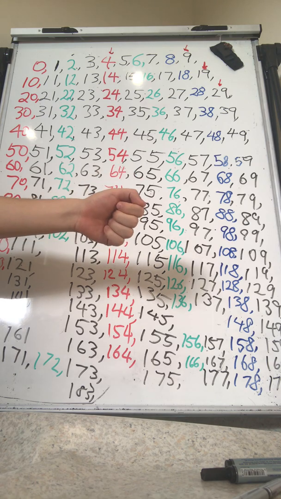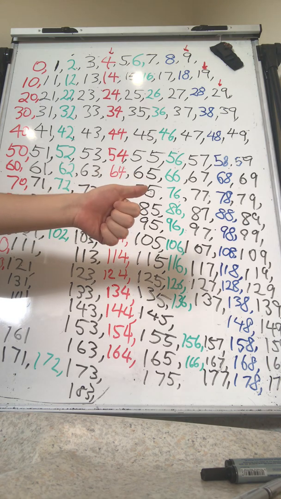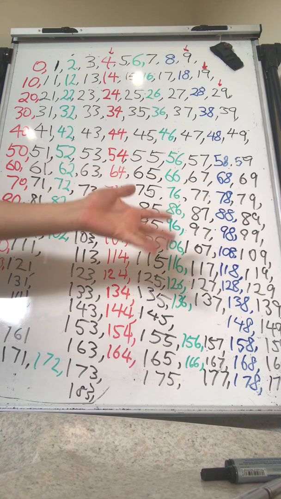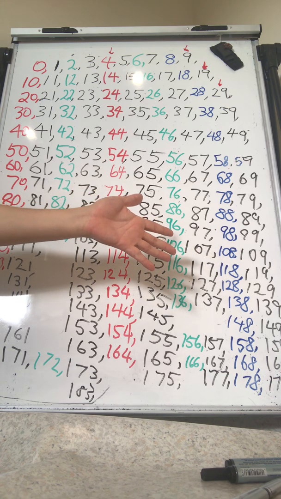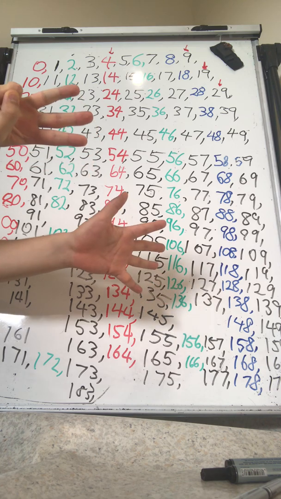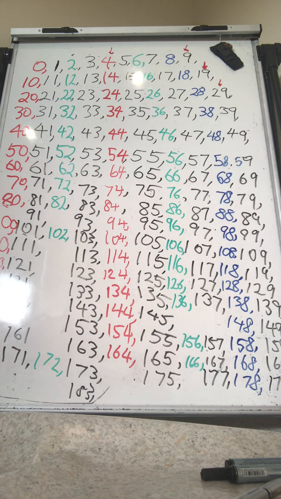So 24, 25, 26, 27, 28, 29, 30, 31, 32. So 32 is what? 4 times 8. Excellent. So 32 is 4 times 8.